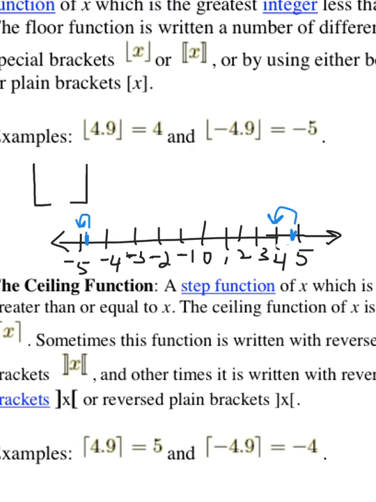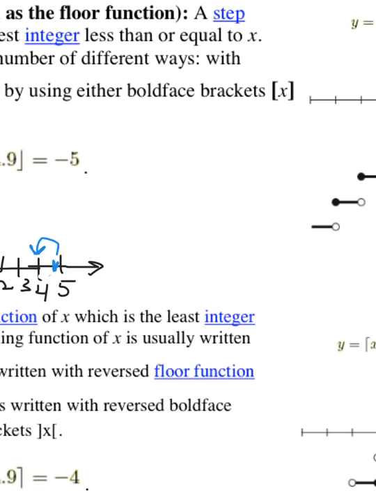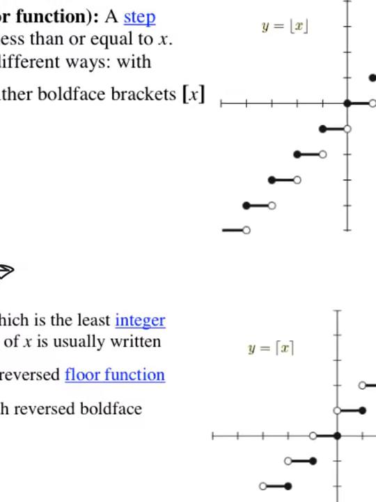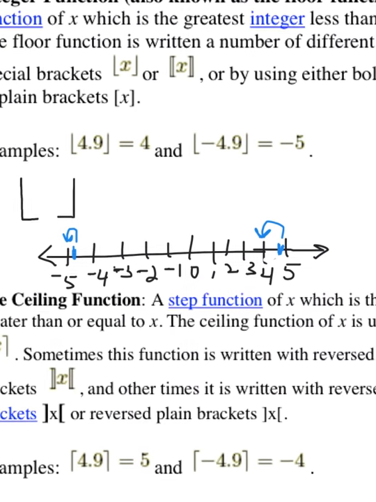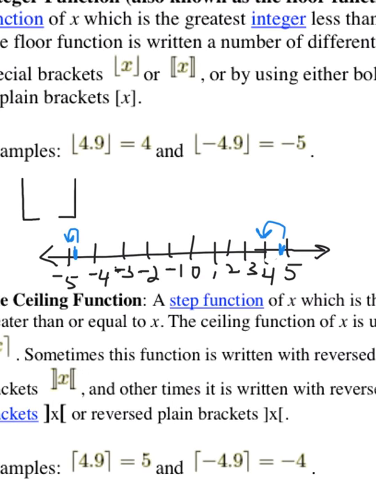Also, we have some other annotations for the floor function besides the one I've shown you right here. We could also use these double brackets that represent the floor function, or these bolded brackets, or these double line brackets where they curve in.